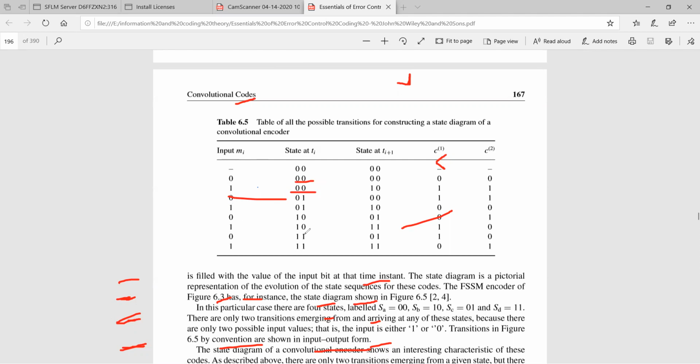Similarly, for the 0 1, we are considering 0 and 1. For 1 0, we are considering 0 and 1. For 1 1, we are considering 0 and 1. So for each case, we have to consider two possible values of the input, and we have to observe what is the next step. What is the next step?